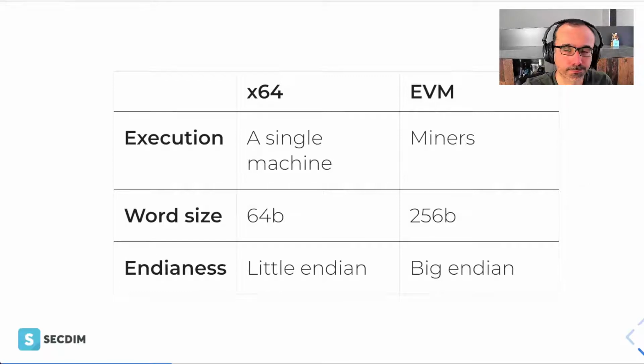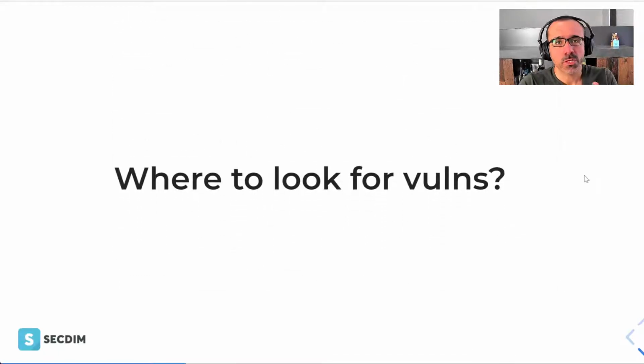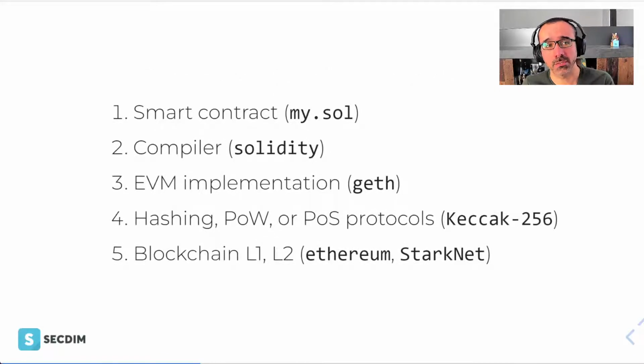All right. When it comes to looking for vulns, where are the places that we can look for vulns in this smart contract world? Well, the technology stack is slightly different, but it's similar to the other network environments that we have dealt with. Obviously, the smart contracts themselves can have vulnerabilities, which today we will go through one of them.